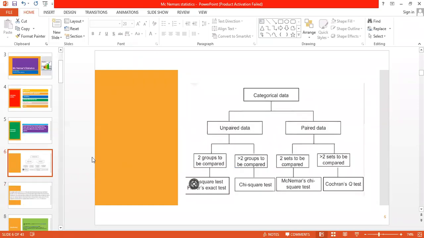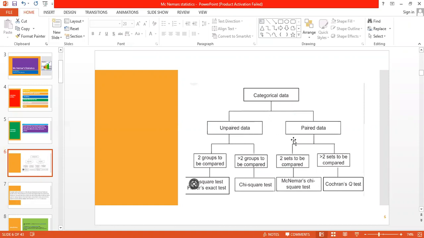This is a table showing the different categories of tests and which data is required for each test. These are all basically non-parametric tests. Categorical data is used in all tests, and it is divided into two types, unpaired and paired data.